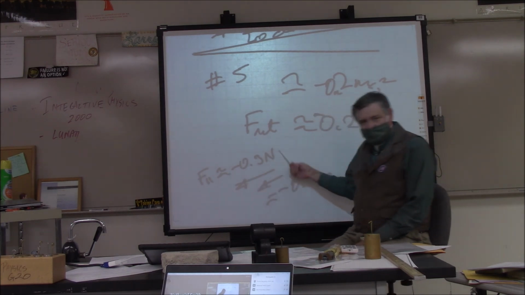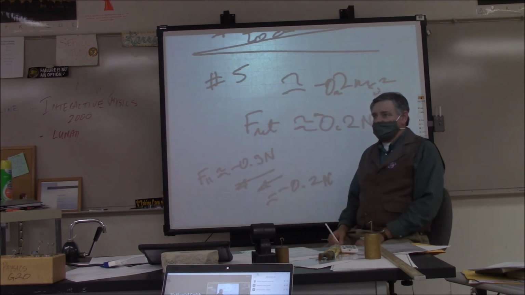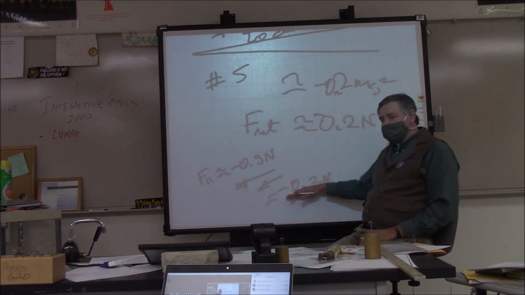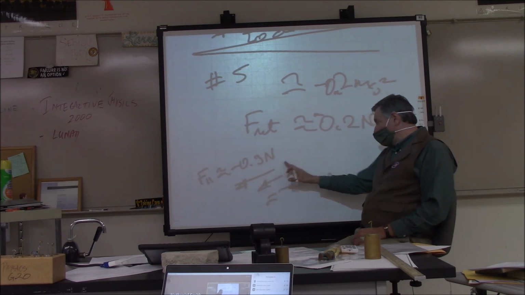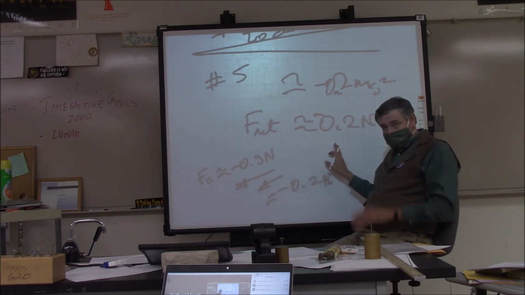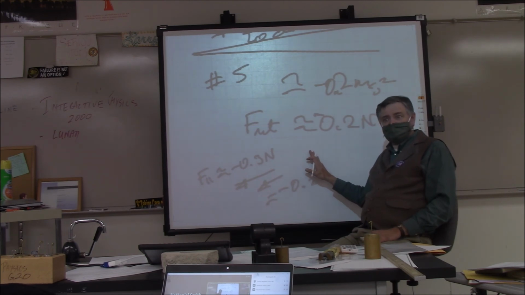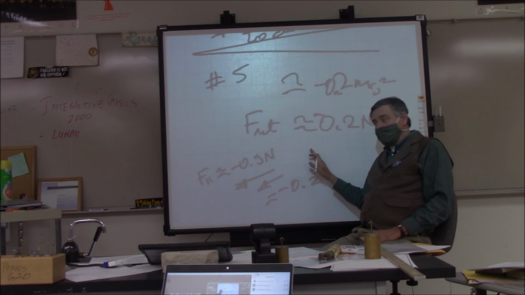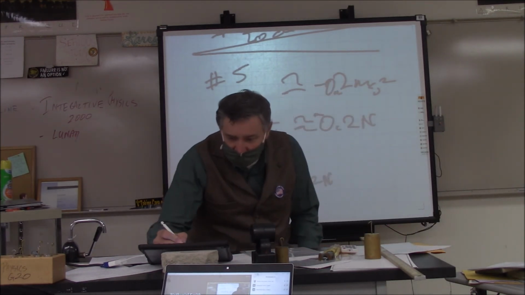You walked into the room with 30 cents. You check your pockets a little bit later, you're down to 20 cents. How much did you lose? 10. So that upward force from the magnet is going to be about 0.1 newtons, because that's the force that's acting up the hill. And again, that's going to be something around 0.1.